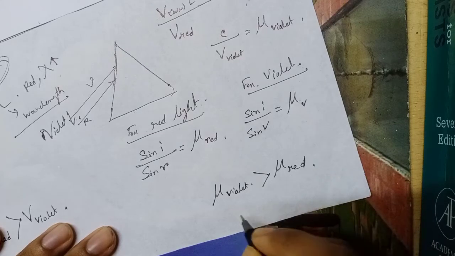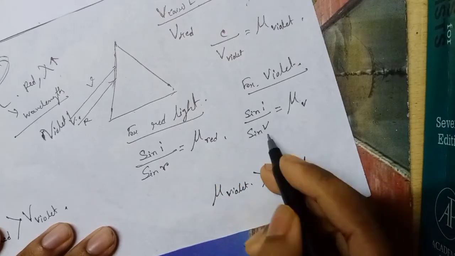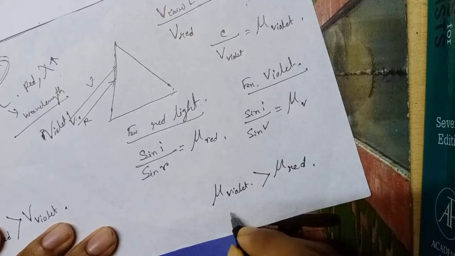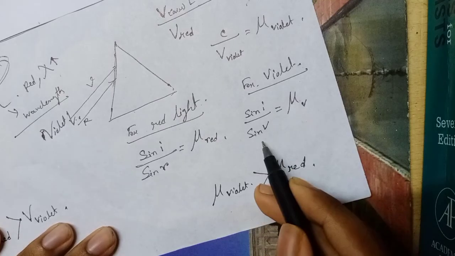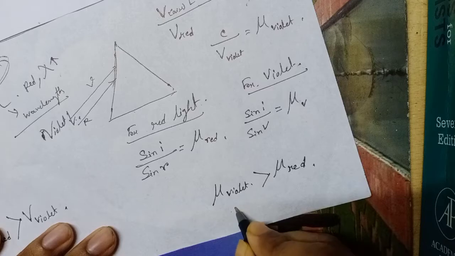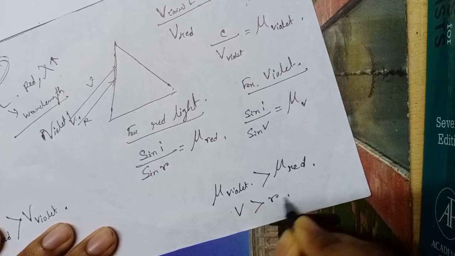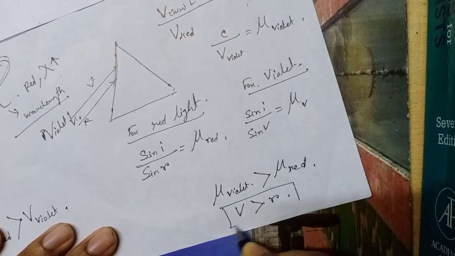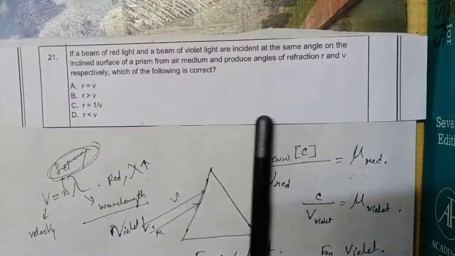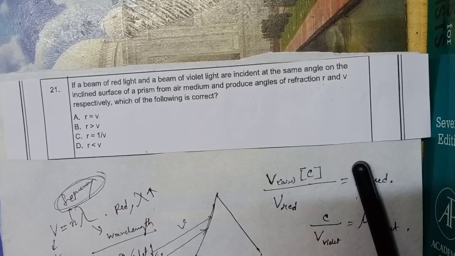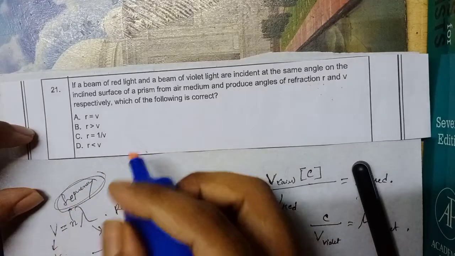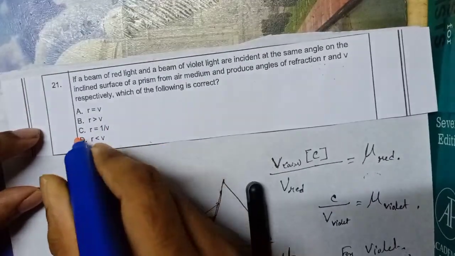So from here it can be deduced that v is also greater than r. So our correct option must be option D.